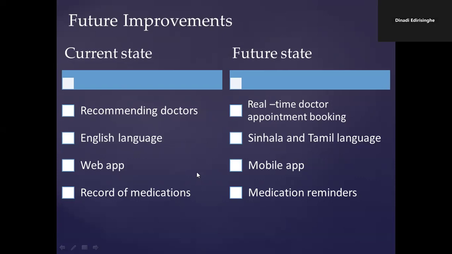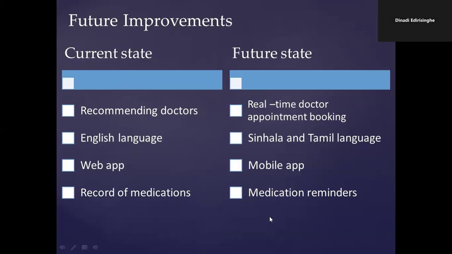The next one is that currently this app is a web app. If this is converted to a mobile app, it would feel significantly faster and more trustworthy to the user. And the final one is a medication reminder.